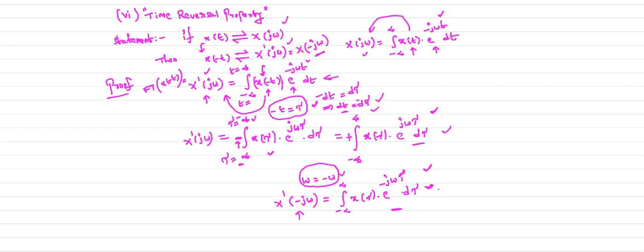What is this formula? So if you replace omega here by minus omega, I can write here. So let us observe here. So x of tau e power, I just replace this, or you can do another procedure here.